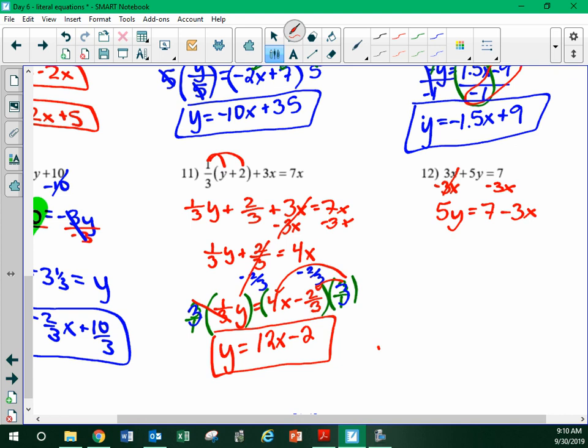And then once again, 5 times y, the opposite of multiplying: divide. So over here, I have y. And once again, we're gonna have to divide everything out. So I start with division, 7 divided by 5.